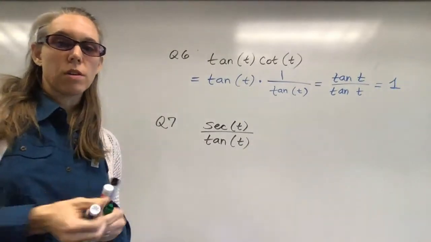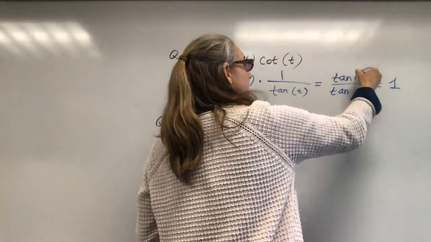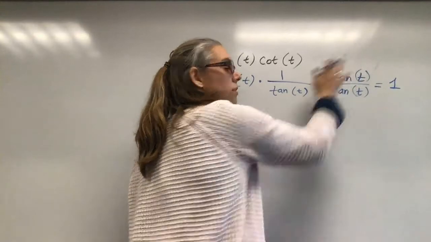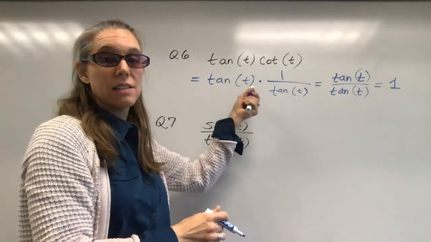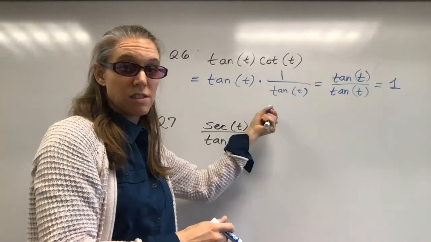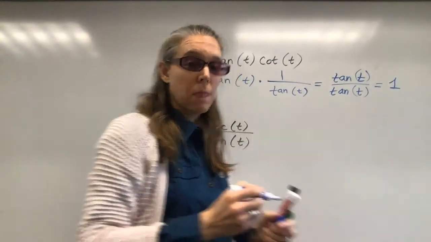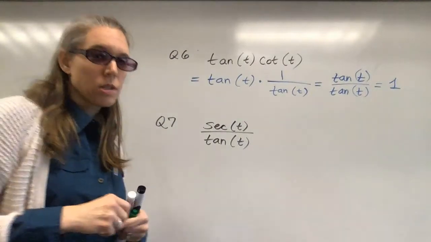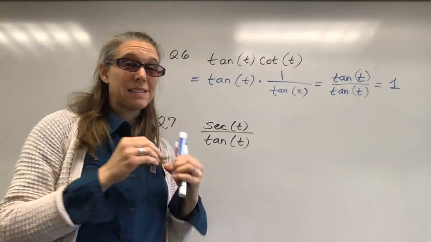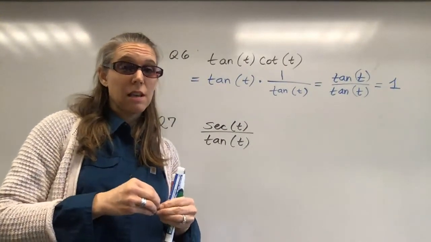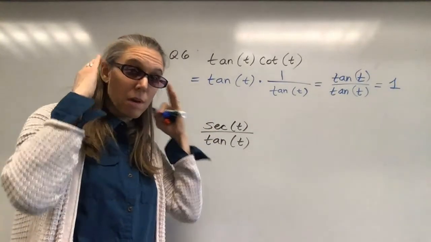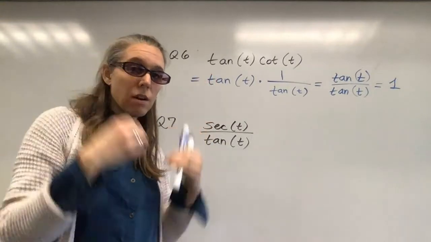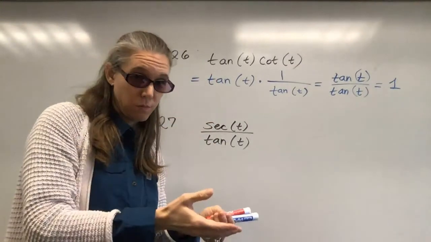Now you may have wondered, why didn't I skip this step? Isn't it obvious that tangent t times 1 over tangent t is equal to 1? Yes, it is, but what we're doing here in 5.1 by simplifying expressions is you are warming up your brain, giving yourself habits of mind that are going to prepare you for 5.2.